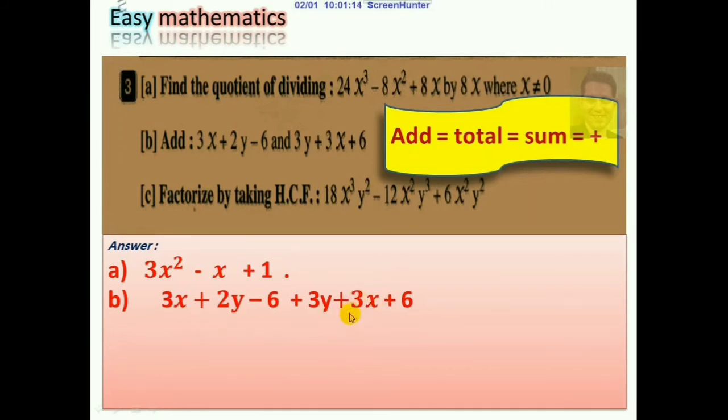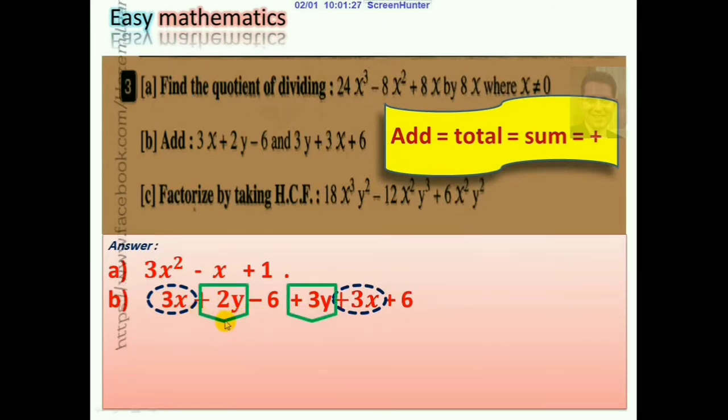So clear, 3x, so we must write the same sign above each one. And here positive 2y, like with what? With positive 3y, so we can make this sign above both of them. Finally, negative 6 is an absolute term, like with positive 6, so we can put this sign under each one.